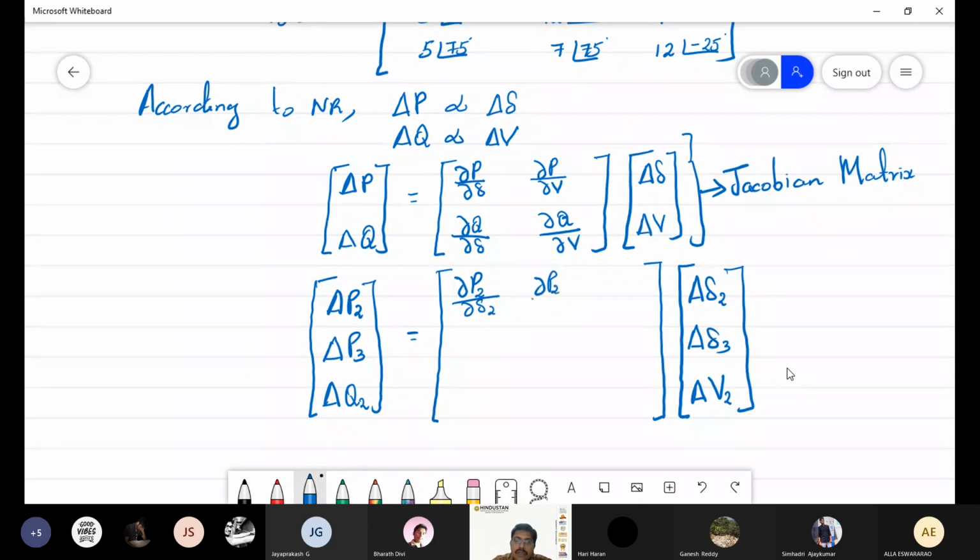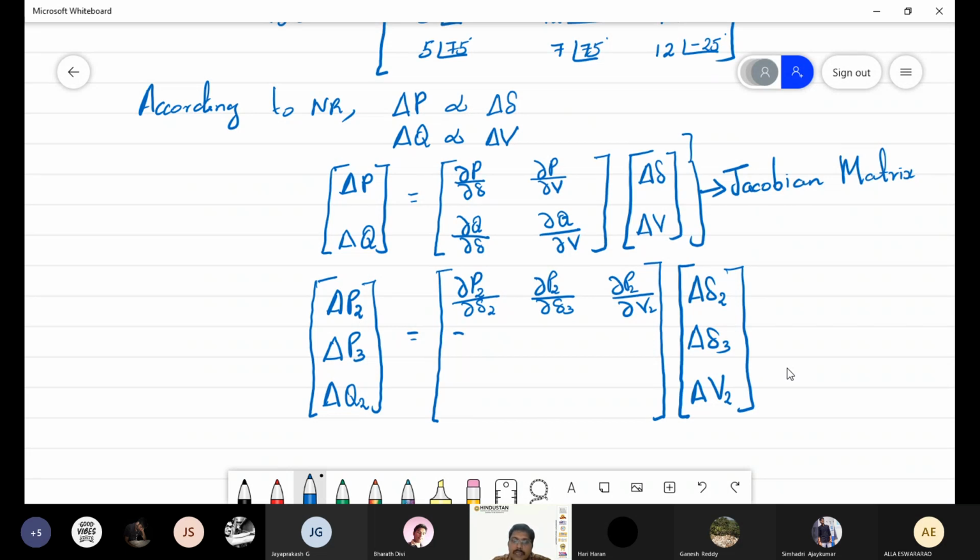Similarly, dou P2 divided by dou del 3. Then dou P2 divided by dou V2. I hope you can understand, right? For the matrix multiplication, P2 with respect to del 2, P2 with respect to del 3, P2 with respect to V2.